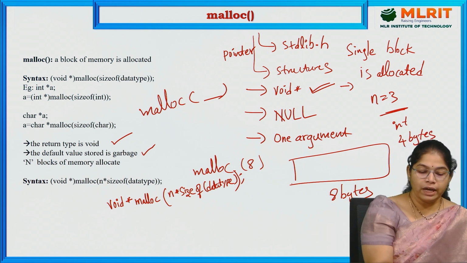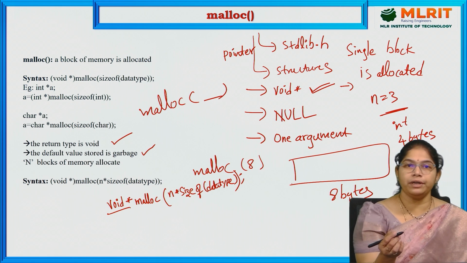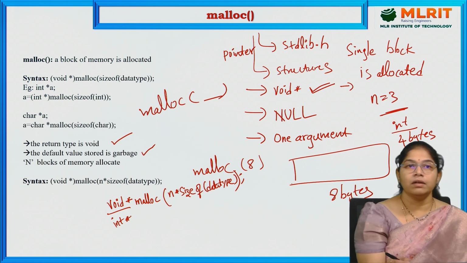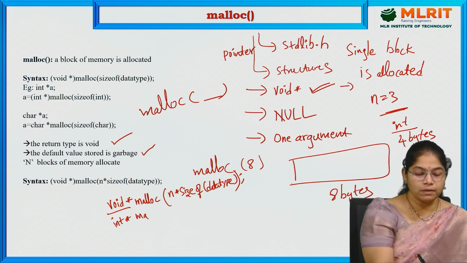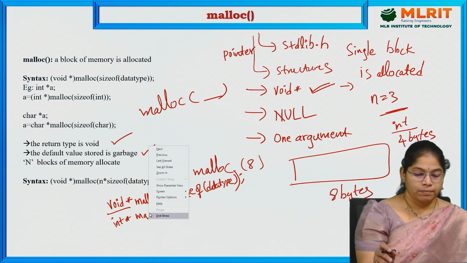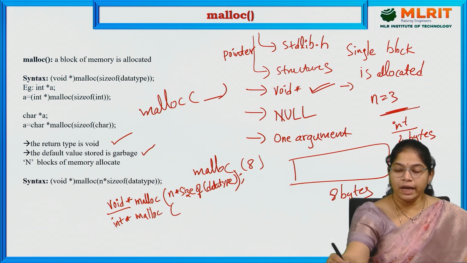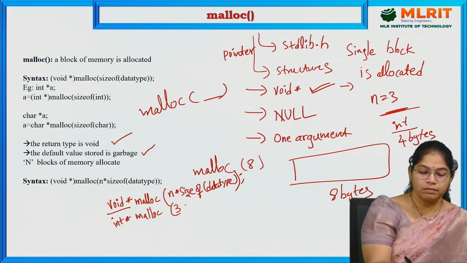Now we have to typecast this void pointer to integer because I want to store int values. So int star, and the function we are using here is malloc. The number of blocks I want to allocate is 3, into size of data type.